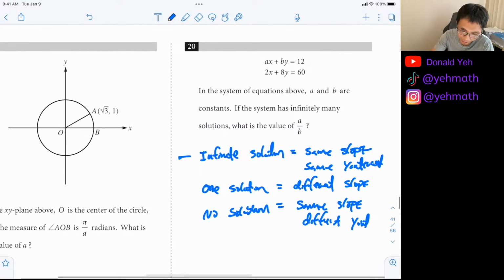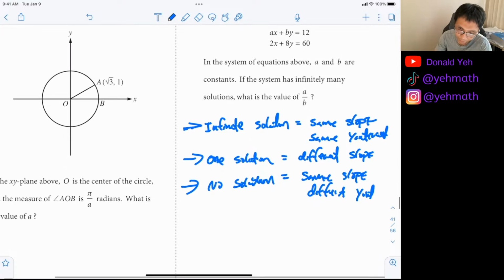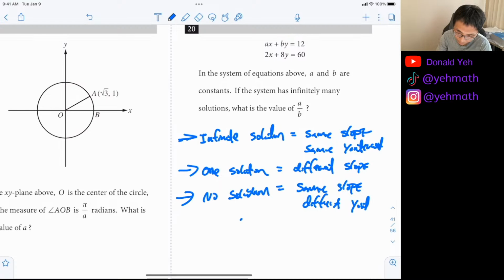They can ask you this situation, they can ask you this situation, they can ask you this situation. So if it's infinite solutions, that means same slope and same y-intercept. The first thing I will check is the same slope, because same slope is going to be the first thing that comes to your mind. So if you solve for that, it would be 8y is equal to minus 2x plus 60, and you divide by 8, divide by 8.